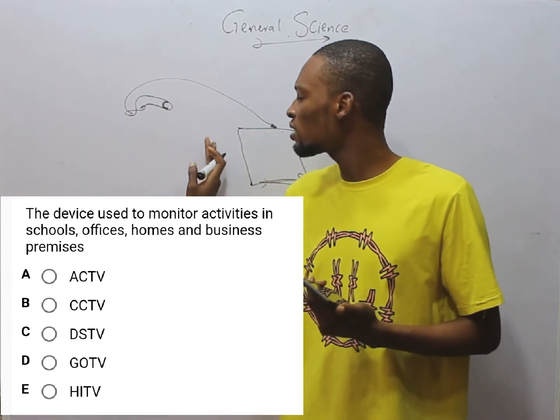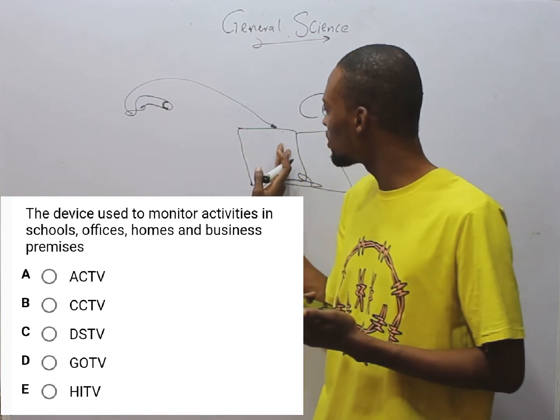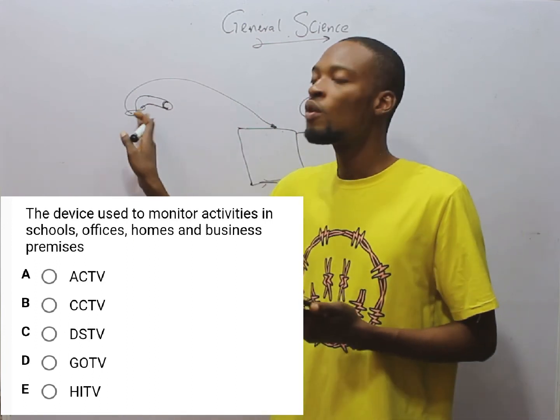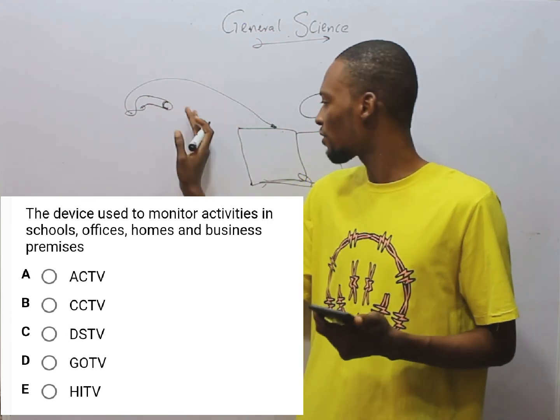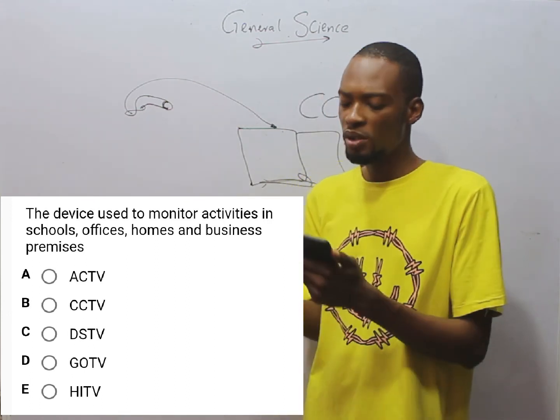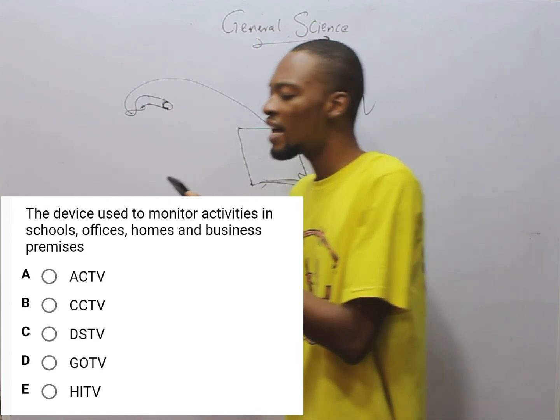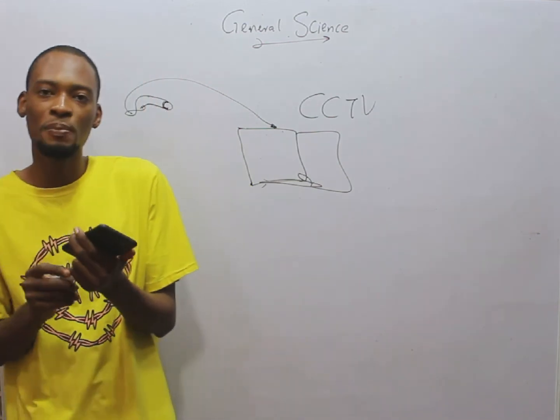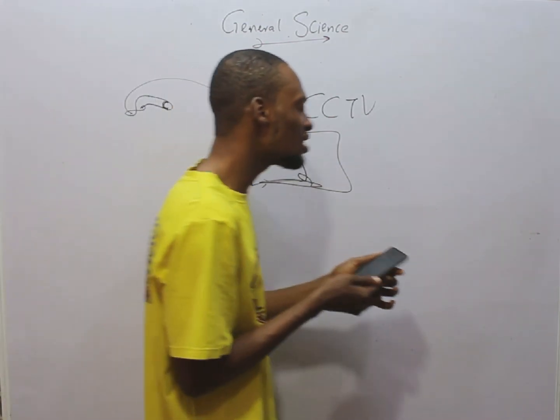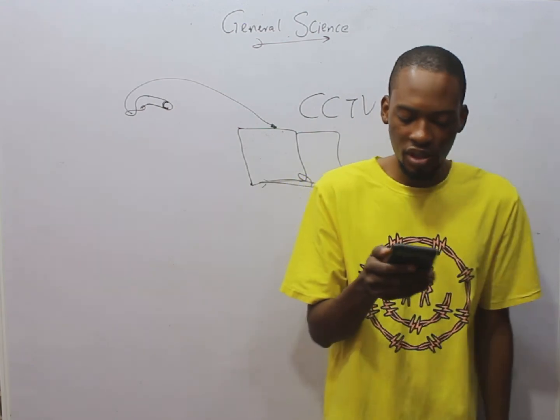But CCTV is restricted. Only this connected TV can see what is showing here, or only the phones or laptops connected can see what is happening around. We call it closed circuit television. So the device used to monitor activities in schools, offices, homes, and business premises is referred to as CCTV, closed circuit television.